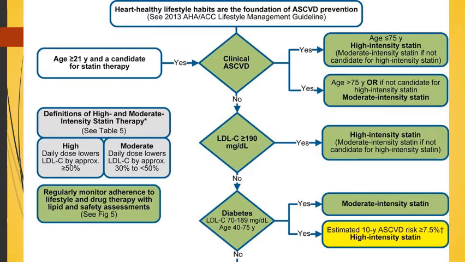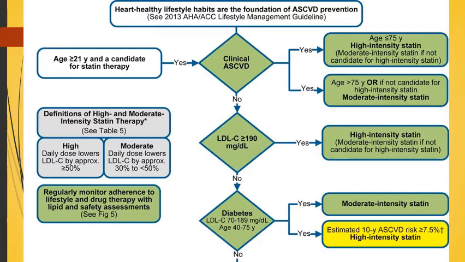If they have clinical ASCVD, then yes, you start either a high intensity statin if they're less than 75 years old, or if they're greater than 75 years old, you can start them on a moderate intensity statin.